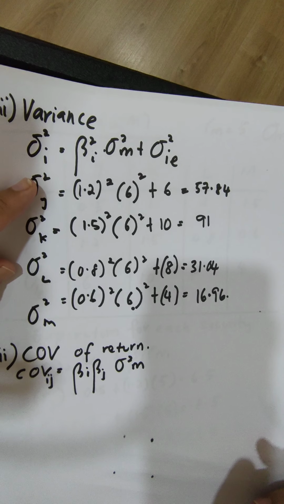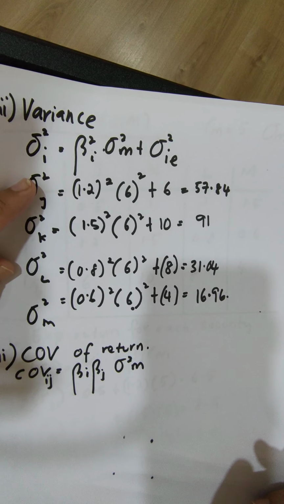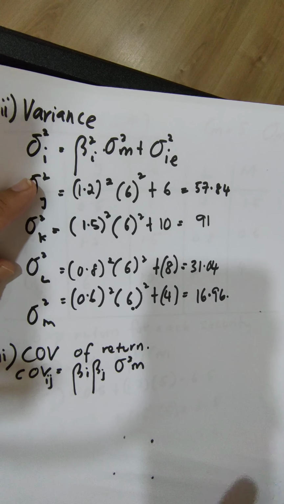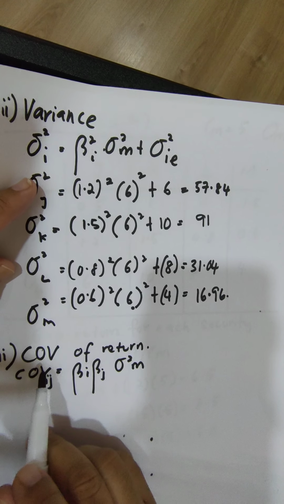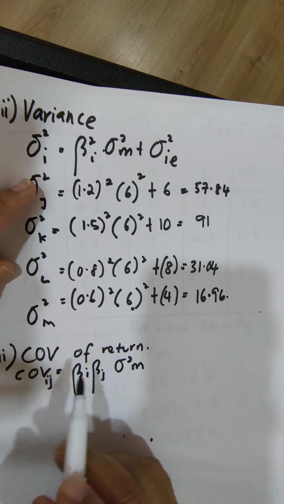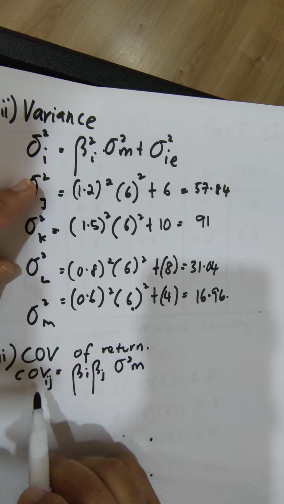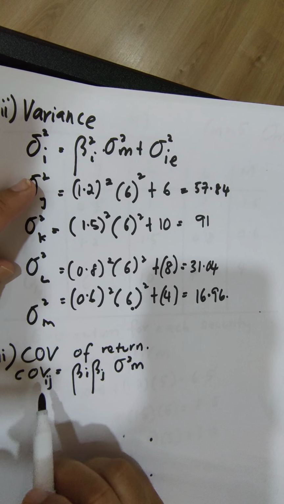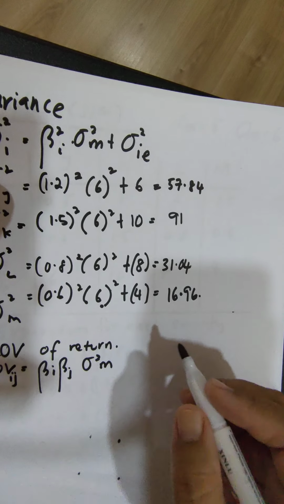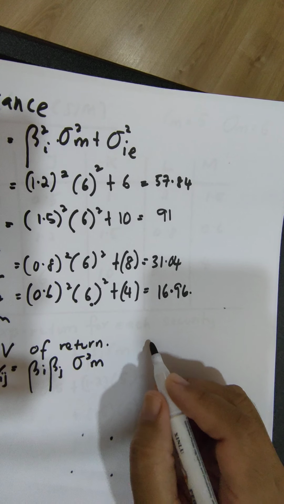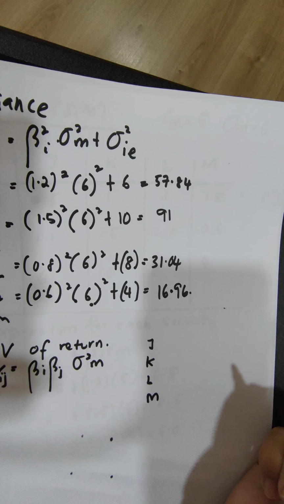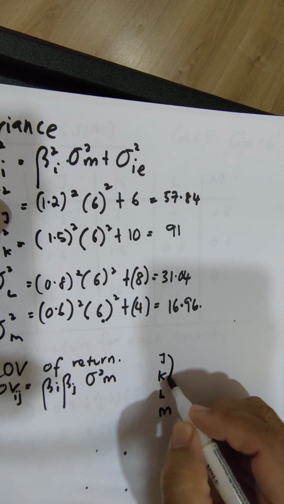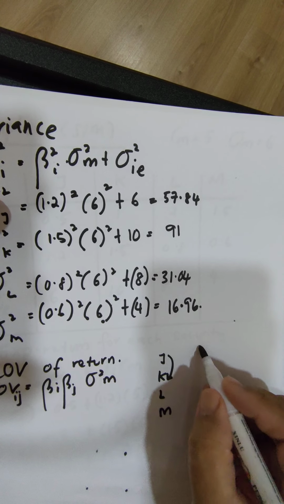The last step in calculating the return and risk for a single security by using the single index model is to calculate the covariance of returns. When you say covariance, you need to have a pair of assets because you want to see the movement of these two assets. As I discussed with you earlier on, if you have 4 assets, you get 6 pairs of covariance. The first pair will be JK.